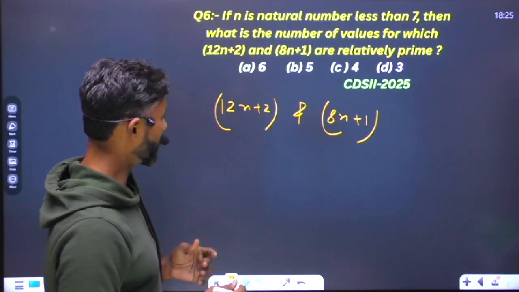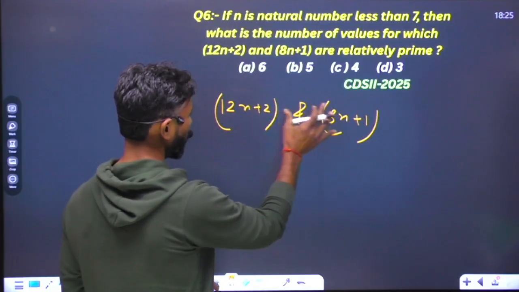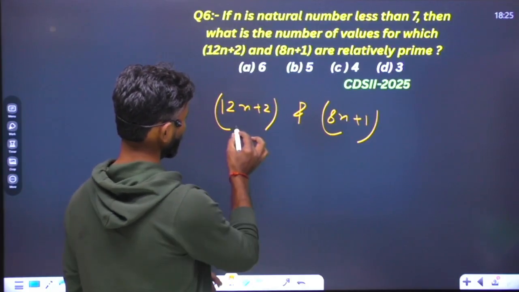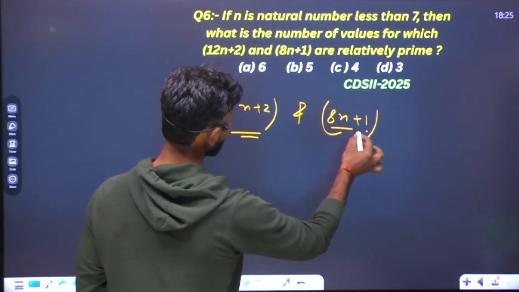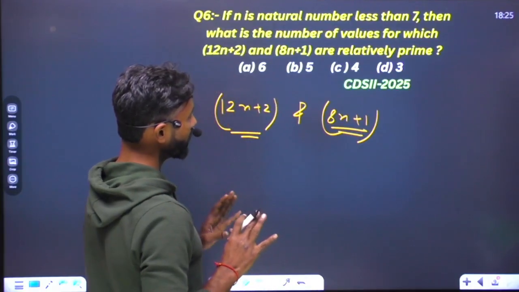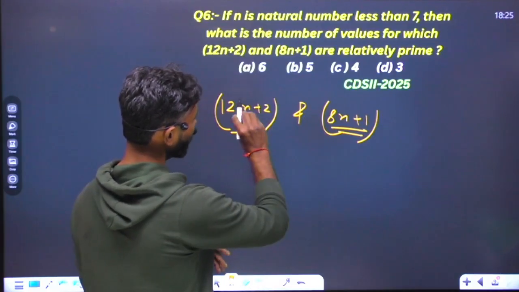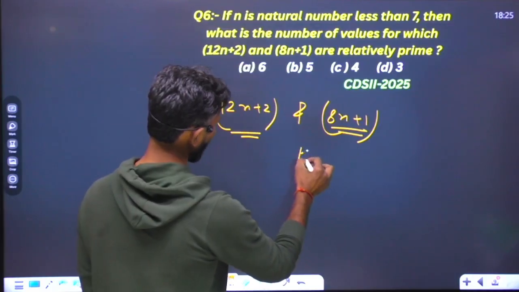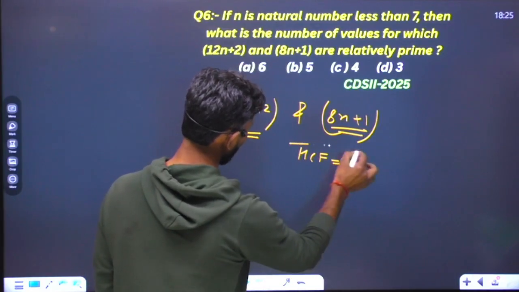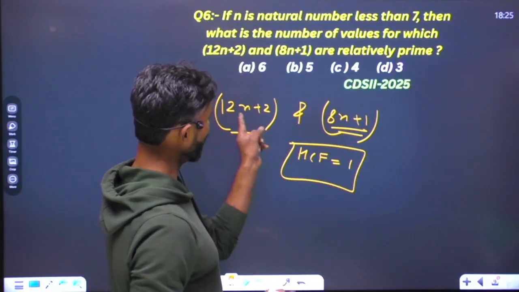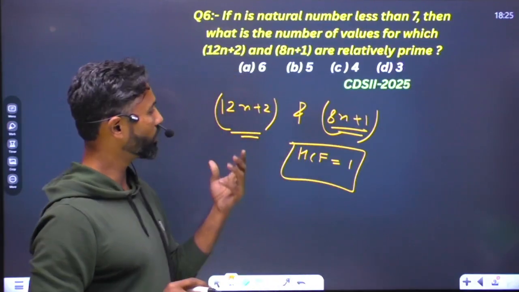Now you can see between both these values, one is 12n plus 2, another is 8n plus 1. There is nothing common except 1. The highest common value between both is 1. So HCF equals 1 here. So both these values are relatively prime.